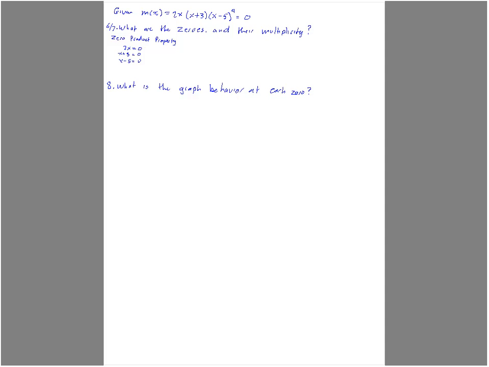And don't worry about the 4th power right now. And so 2x is 0 when x is equal to 0, right? Because you just divide both sides by 2. You're just solving for x, basically. And this is 0 when x is equal to -3, because you're subtracting 3 from that. And this is 0 when x is equal to 5.